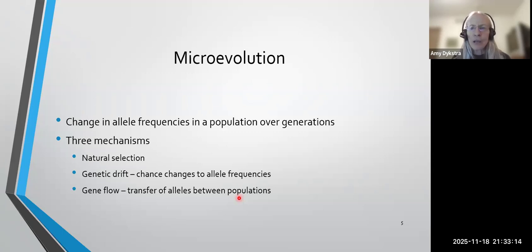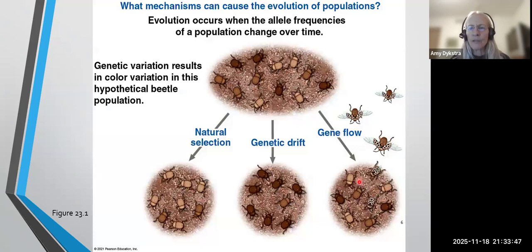And then genetic drift is chance changes to allele frequencies, and we'll talk about those more in a later lecture. And gene flow is when individuals move out of or into a population and they are carrying genes with them. So that's a movement of genes from one population to another. And we will talk about both of these later. It's tricky because these terms have similar names, but they are very different processes. But today we're going to focus on variation.